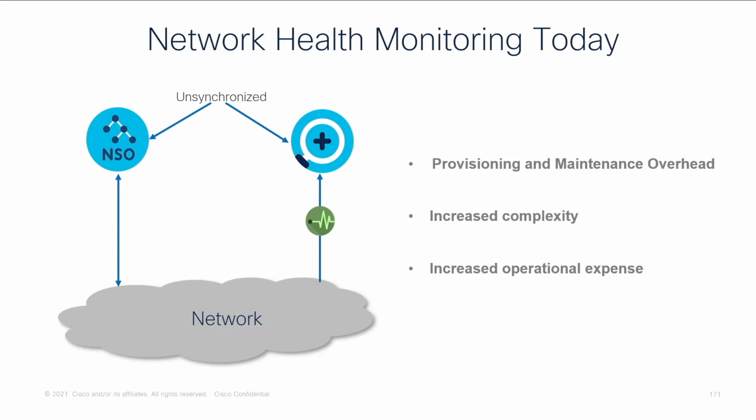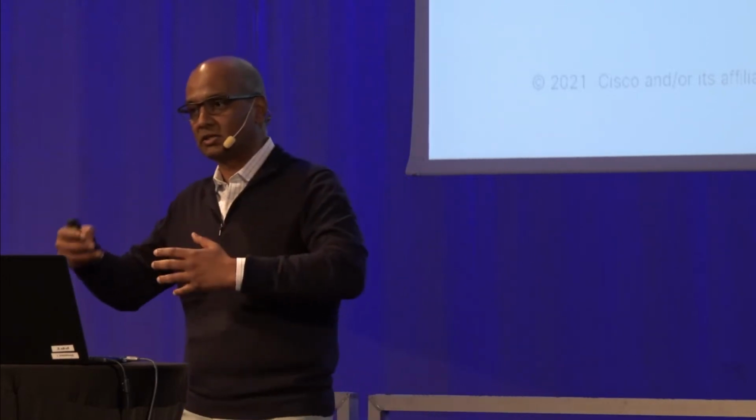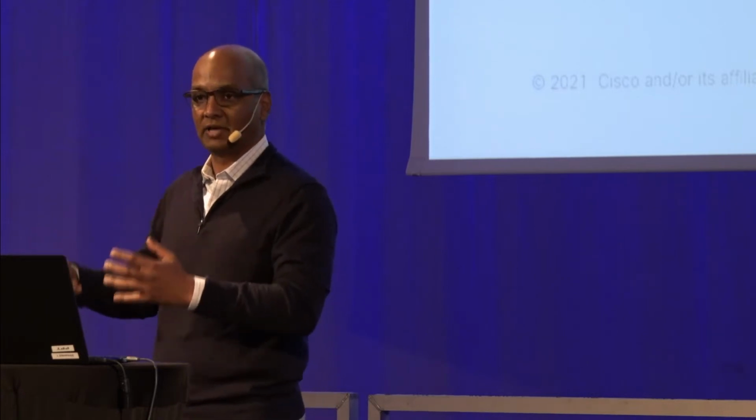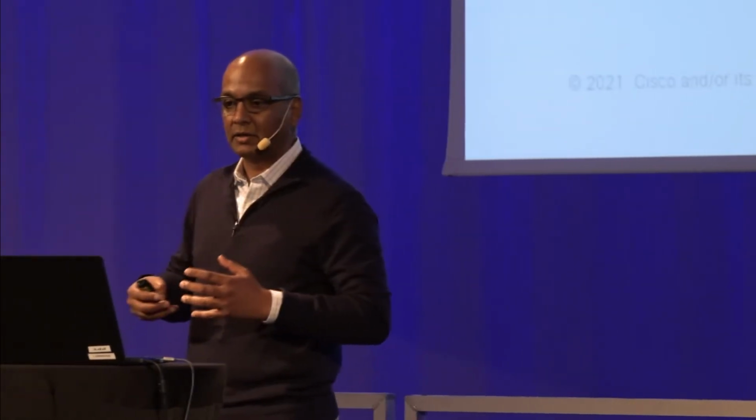And when we enable the health monitoring, it's usually a different system, and that is where we go through the logistics of defining the right set of KPIs. Usually it's manual configuration or there are some hard-coded scripts. Hard-coded scripts, at this point in time, are not actually automation.